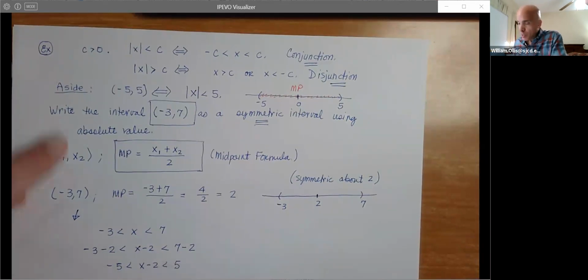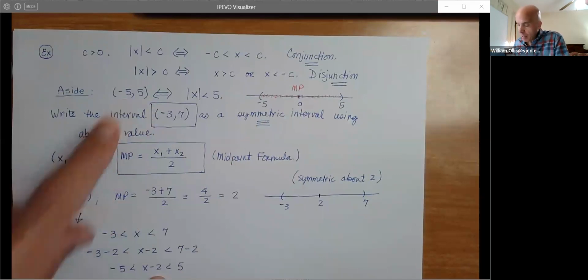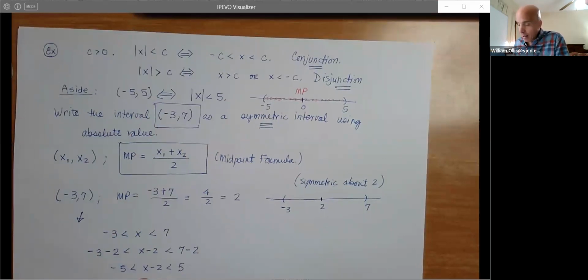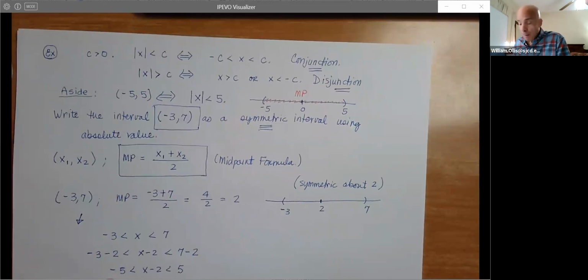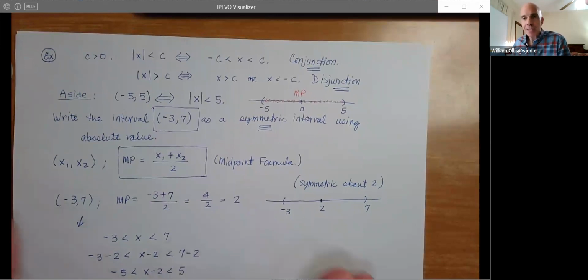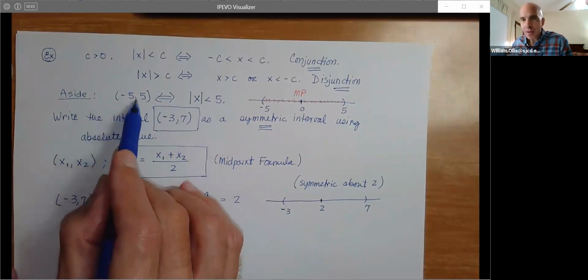So now this looks like this here. I mean, we're thinking now we have the C here. The C is 5. But we had to use the midpoint to translate everything because we didn't start out with symmetric. I mean, here, anything that looks like this will be symmetric about 0.